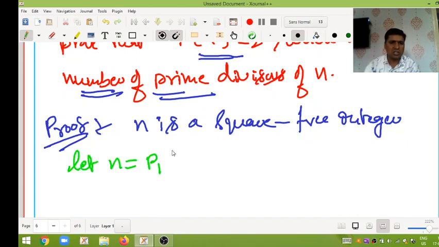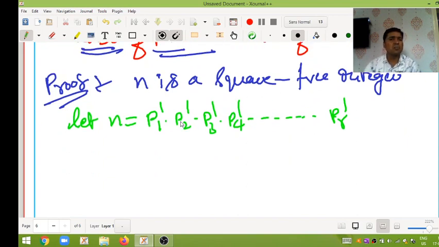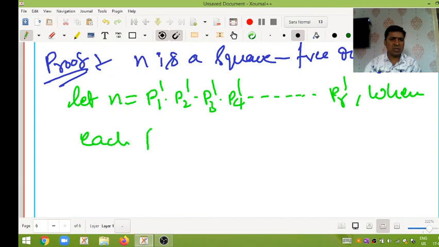square free integer is nothing but p1 power 1 into p2 power 1 into p3 power 1 into p4 power 1 into so on, into pr power 1. Power not greater than 2. Square free, power less than 2 always. Less than 2 means power 1. So this is the square free integer. Now by the theorem we all know this, where each pi is distinct.